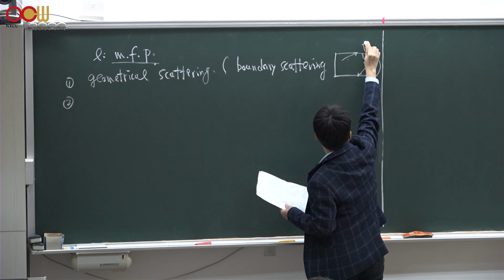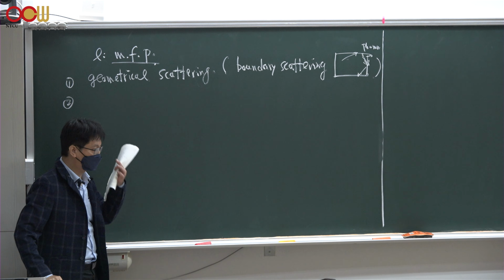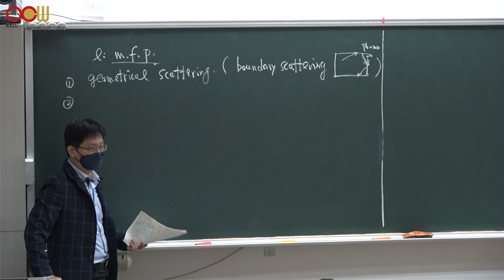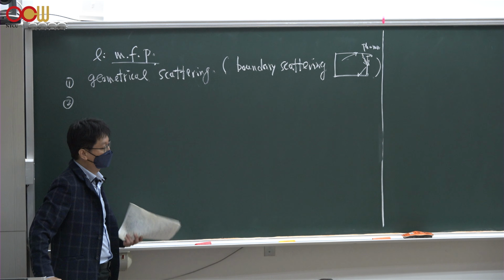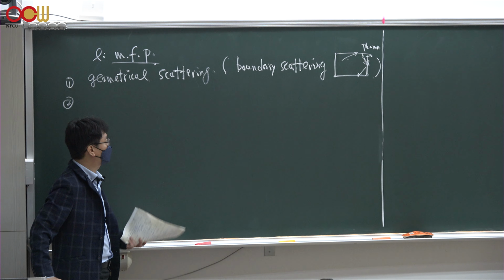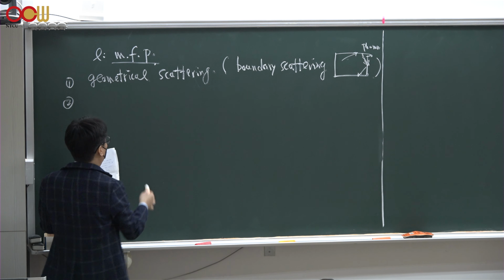So these are not the phonon-phonon scattering that we discussed here. It's simply due to the boundary effect, because you have a finite size, so the phonon cannot travel beyond your system size. So at the boundary, the phonon should actually hit something. So that's called the geometric scattering.